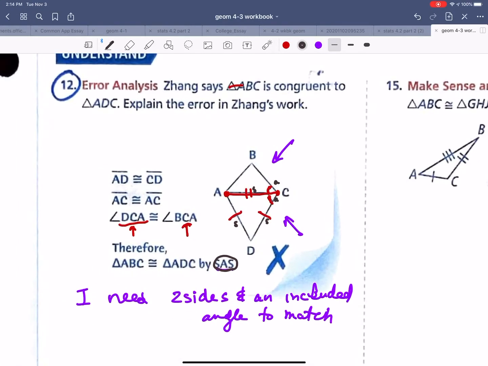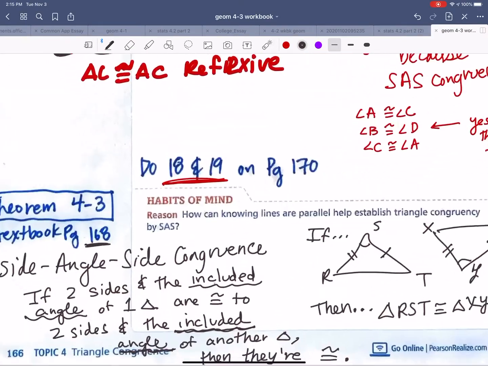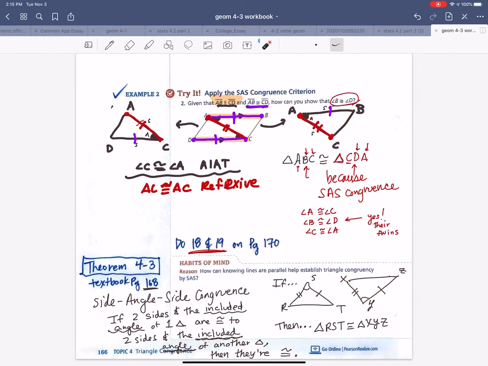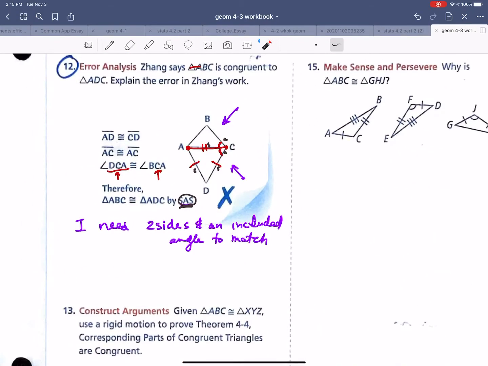Looking back at my notes, for side-angle-side congruence, I need two sides and the included angle of one triangle, and I also need two sides and the included angle of another triangle. He does not have enough. I need two sides and an included angle to match in both triangles, and he does not have that.